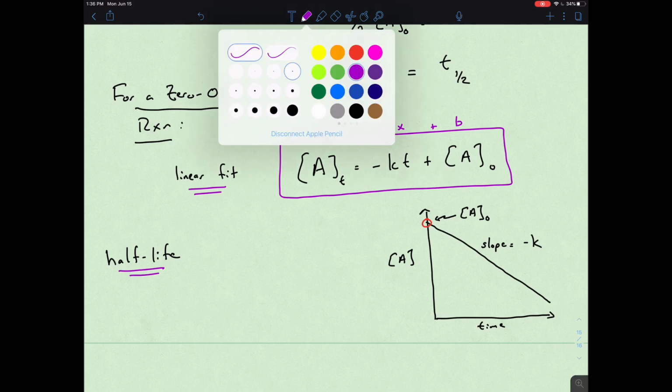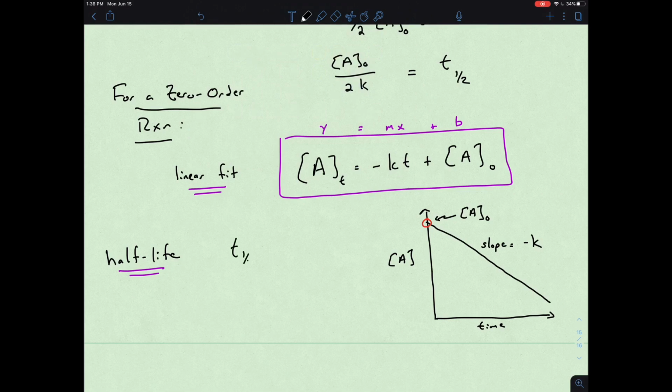And so for our half-life, that expression is our concentration of A initial over 2k. And so what we find with these integrated rate expressions is that we always tend to have two equations. One is the linear fit, and then one is the half-life expression.